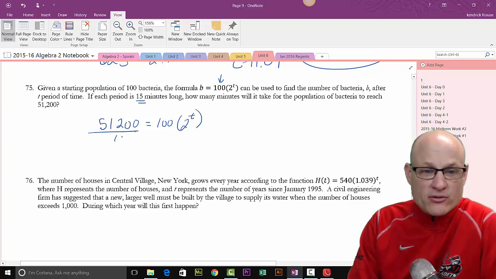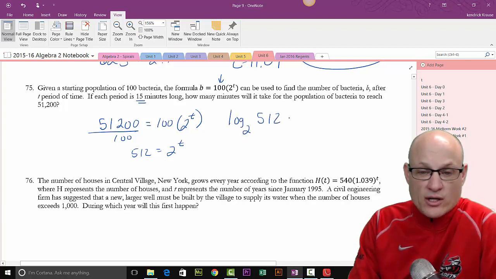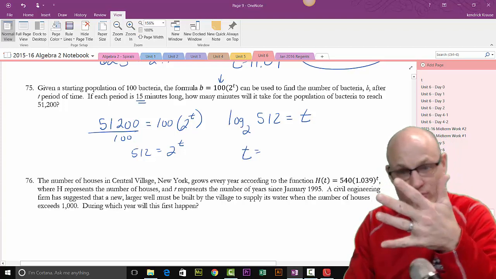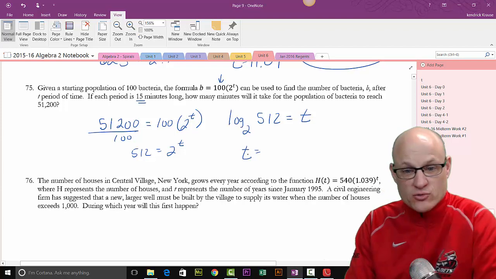If I divide by 100, I get 512 is equal to 2 to the t. So log base 2 of 512 is equal to t. So t is equal to, let's see, 2, 4, 8, 16, 32, 64, 128, 256, 512.